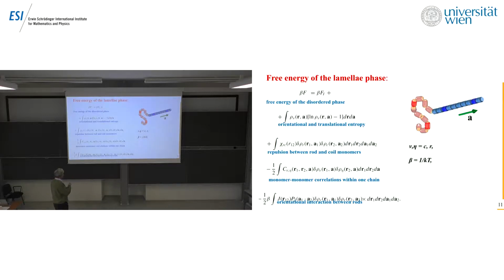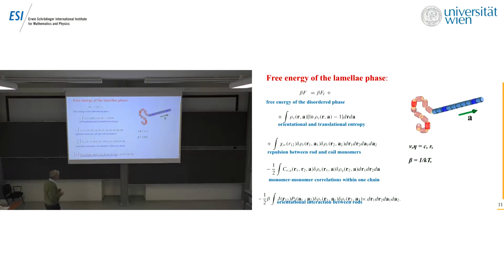So now if we try to summarize, our approximate or model free energy would look like this. That's the free energy of the isotropic phase, then orientational and translational entropy of monomers in the standard form, then effective repulsion between rod and coil monomers, then monomer-monomer correlations within one single chain, or formally just in the system of non-interacting chains.